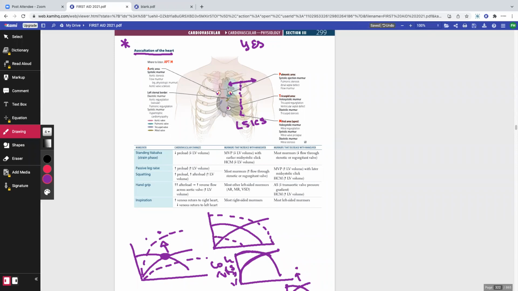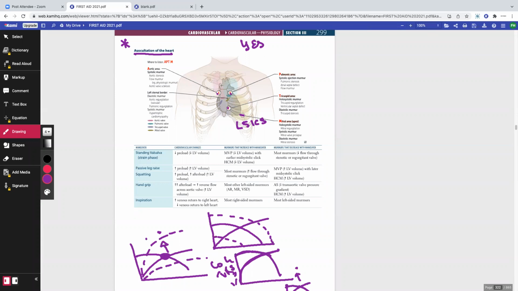Where do we hear the pulmonic area? The pulmonic area is at the left second intercostal space along the sternal border. Sometimes in your questions, they will tell you that the auscultation was done at the left second intercostal space along the sternal border. When they describe that area, you have to right away remember that it is the pulmonic area.